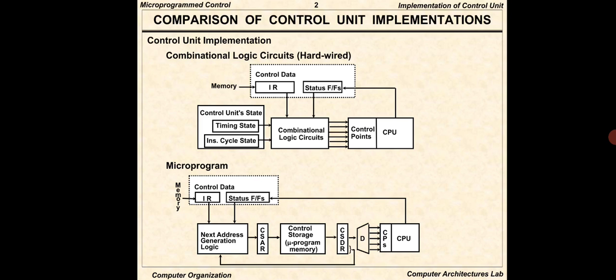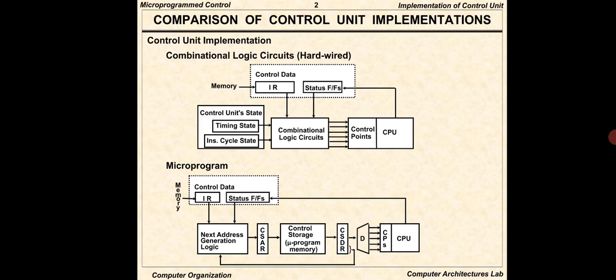Keeping those disadvantages in mind, they thought of going with a software approach to the control unit. In the software control unit, we will be writing certain programs for given control signals. To generate a particular control signal, I will be writing certain functions. Those functions, those programs, are known as microprograms.